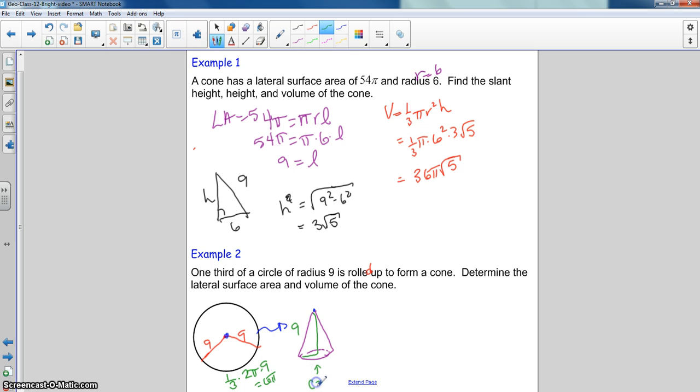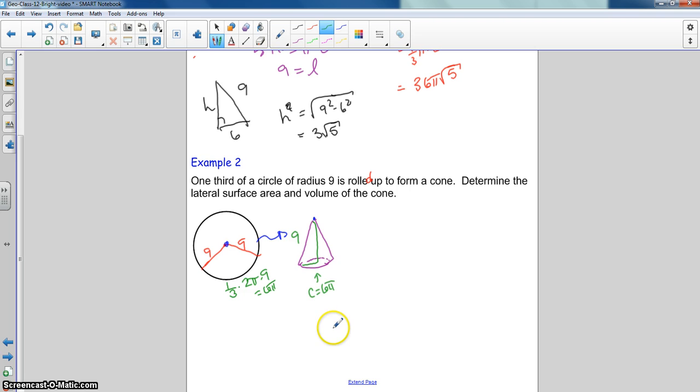But I also know that circumference should be 2 pi r, so 2 pi r is equal to 6 pi. So that tells me that the radius of this new circle is just 3, whatever units we're in.